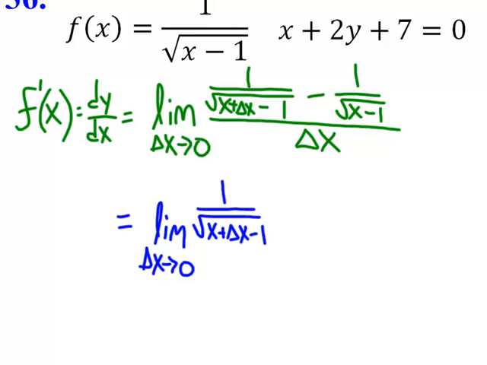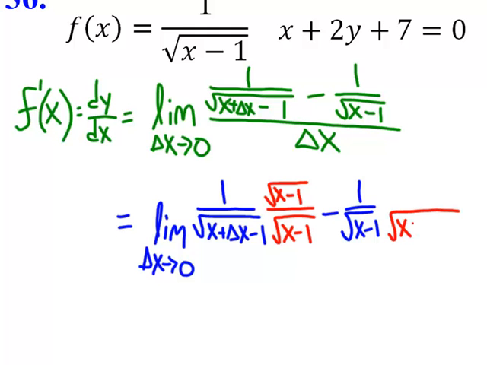Let's do the common denominator thing. Let's go ahead and do a root x minus 1 on the bottom and the top, minus 1 over the root x minus 1. And let's do the root x plus delta x minus 1.